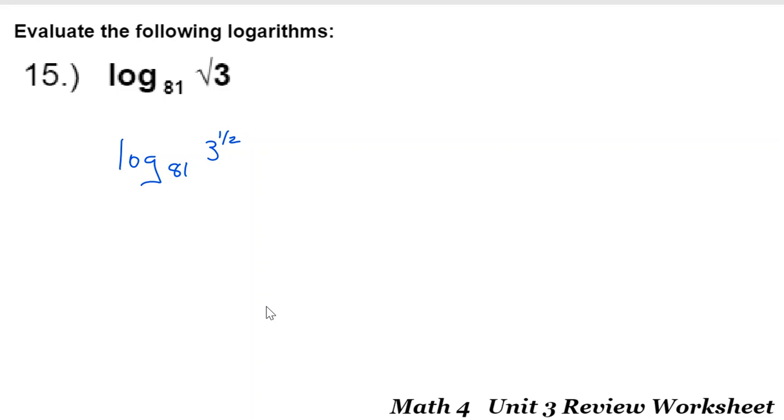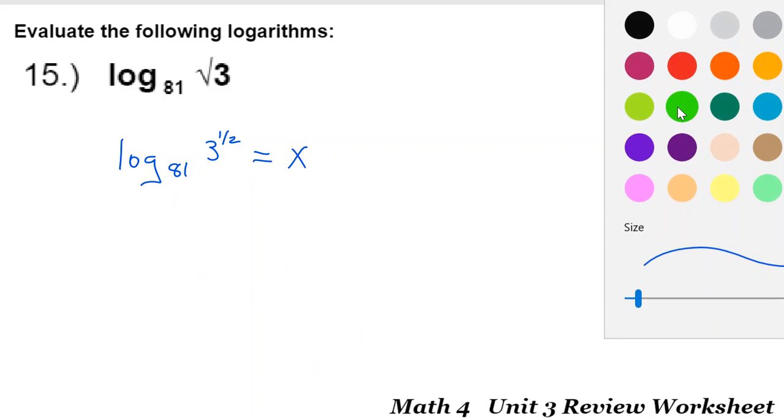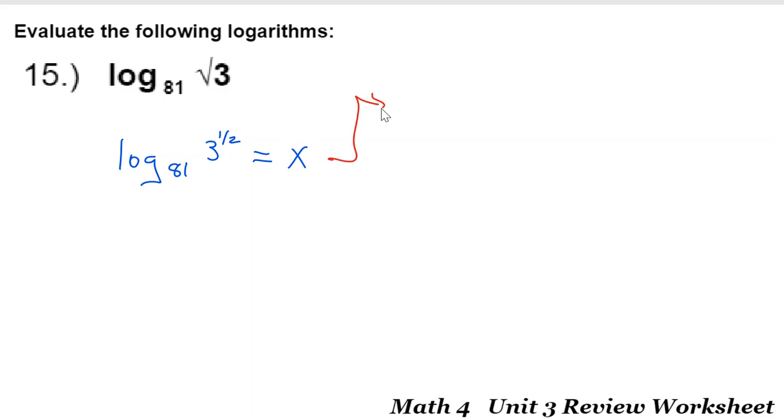And so what I've made the suggestion in times past is that when they ask you to evaluate something and you're kind of stuck, set it equal to x. And now you've got some players. Now you can rearrange it as not a logarithm, but as an exponential.